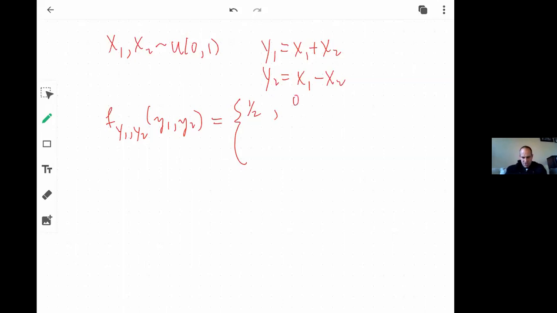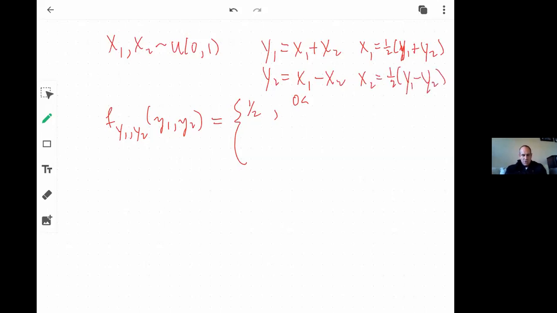So this would be 0 is less than, remember, what was x1? Well, x1 is again 1/2 capital Y1 plus capital Y2, and x2 is 1/2 capital Y1 minus Y2.